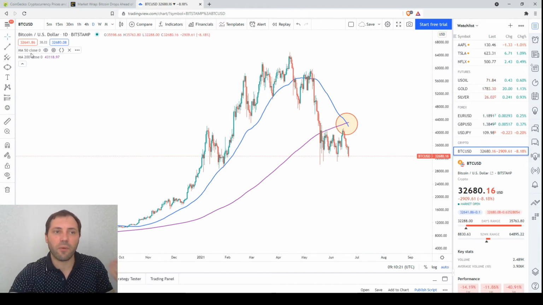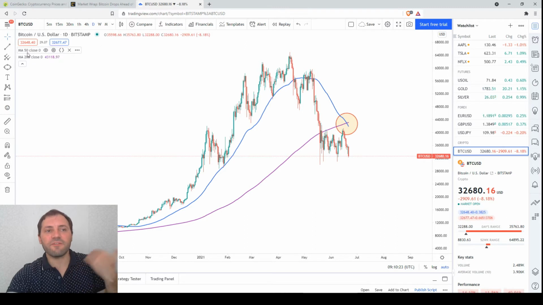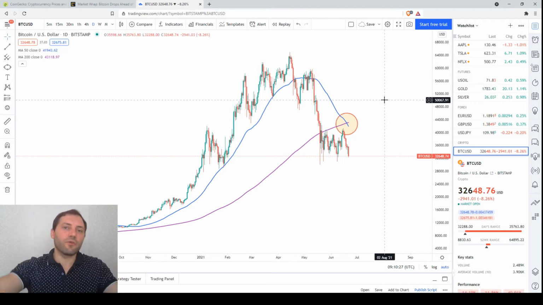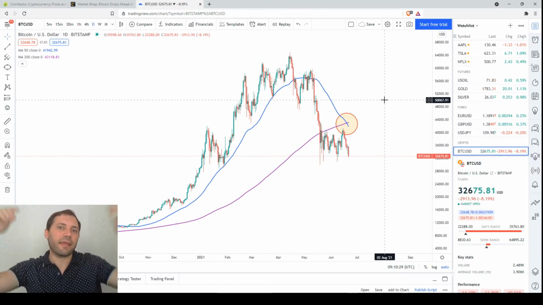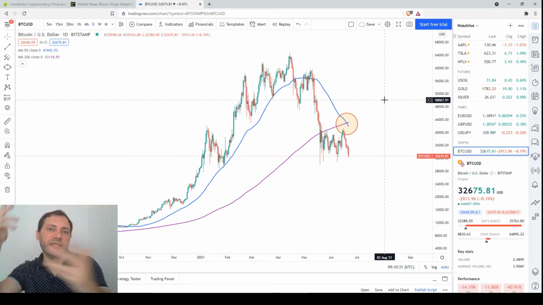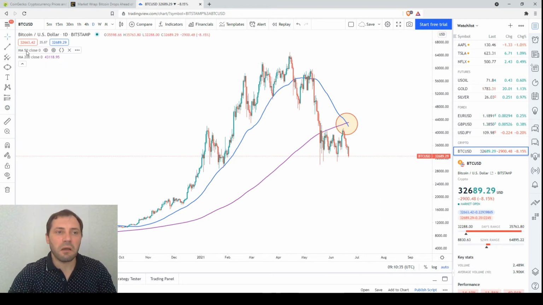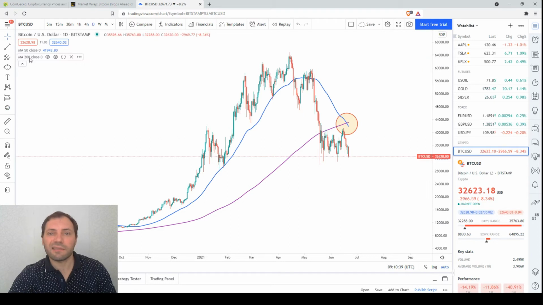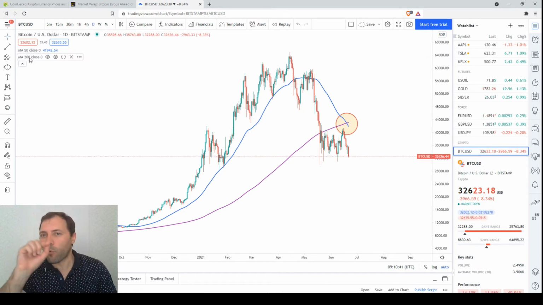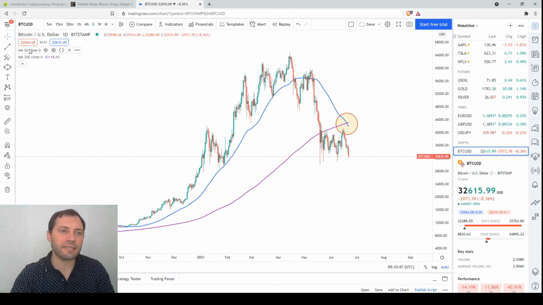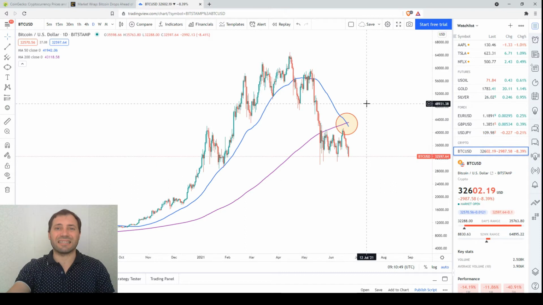Or like in our case, why exactly the 50-day moving average and the 200-day moving average instead of using, for example, the 68-day moving average and 273-day moving average, or instead of using the 45-day moving average and the 175.3 moving average? The question is, how come you connect these numbers with this asset?